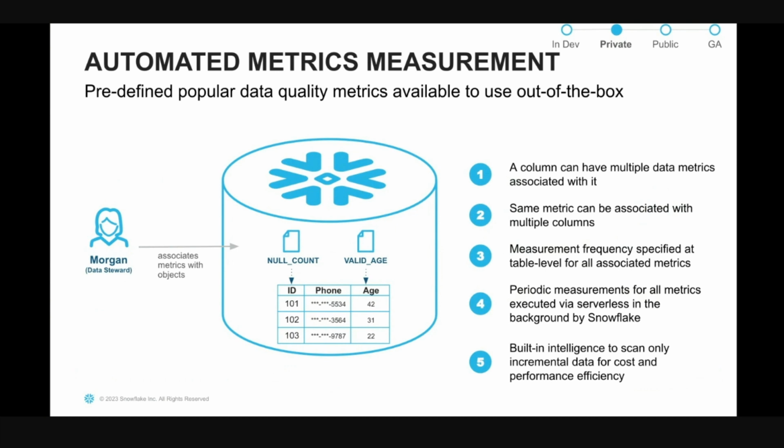When you define these metrics, you don't want it to scan the entire table all the time, right? So it'll figure out, okay, I've got some new data and I'm going to batch it and check this depending on the instructions you give, every 5 minutes or every 1 hour or 24 hours. That way you have performance efficiency as well as cost controls.